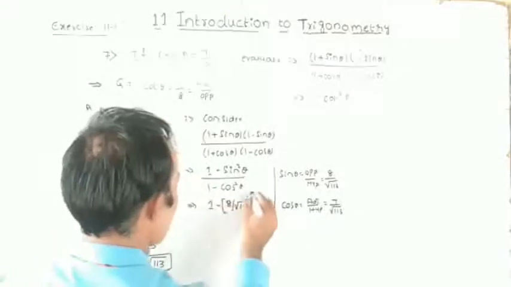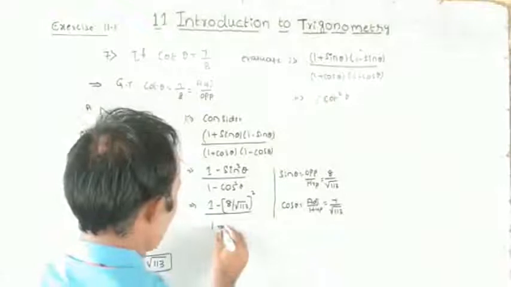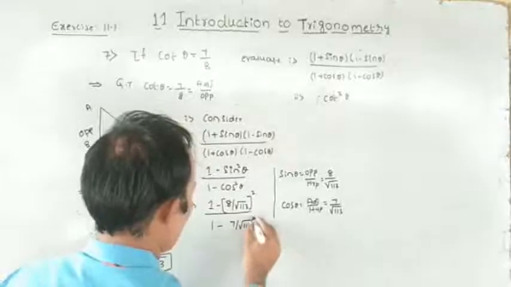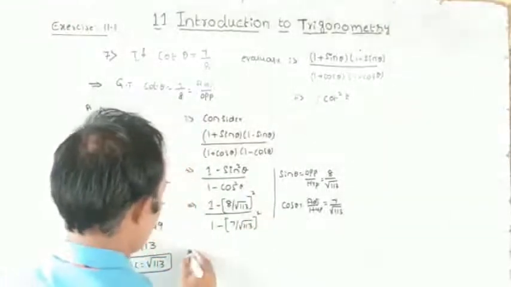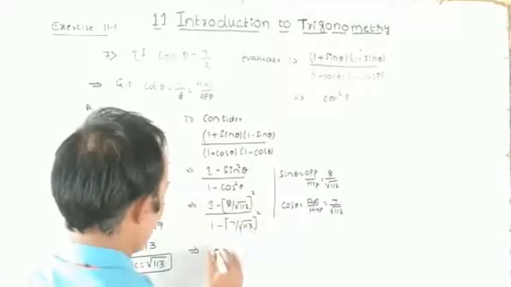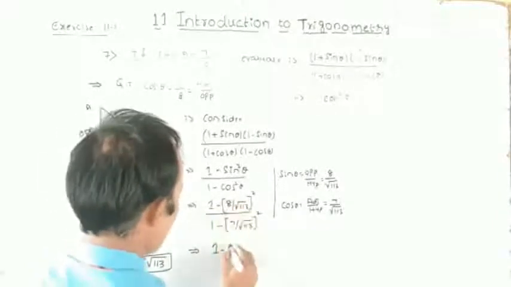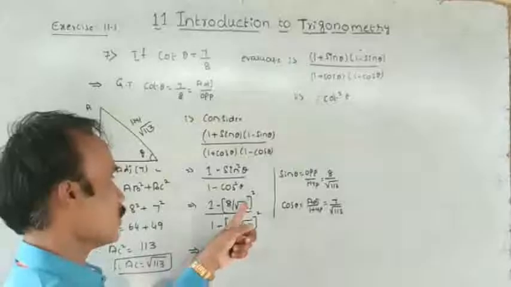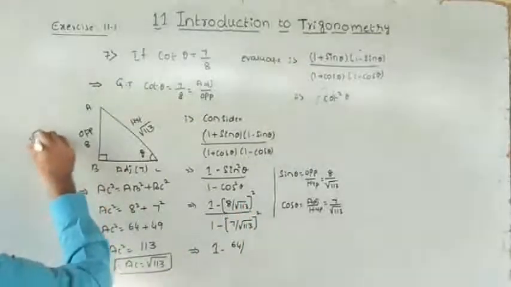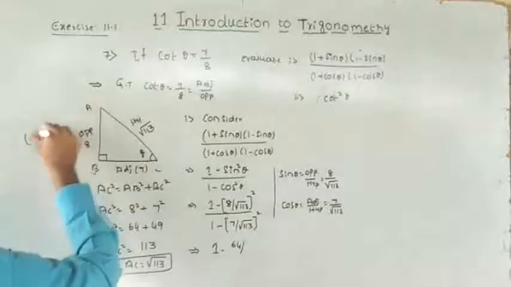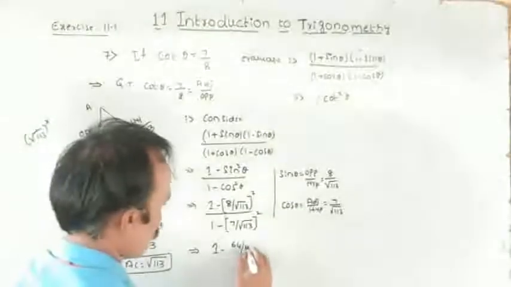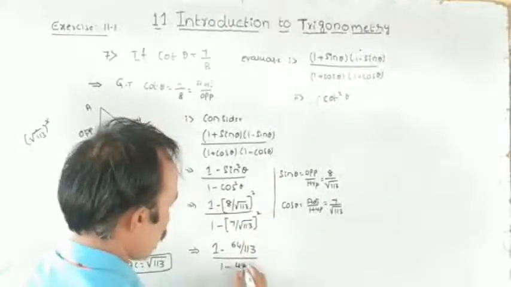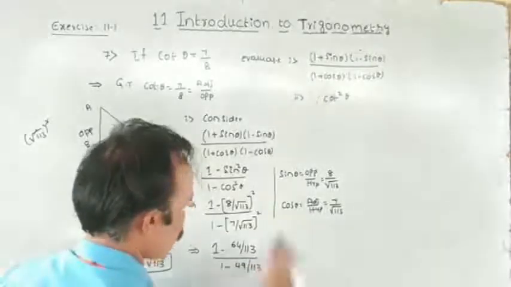113 whole square, divided by 1 minus cos, that is 7 divided by root of 113 whole square. Which implies 1 square is 1 only, minus 8 square, that is 64, divided by root of 113 whole square. The square root and square get cancelled, so 113 divided by 1 minus 7 square, 49, divided by 113.